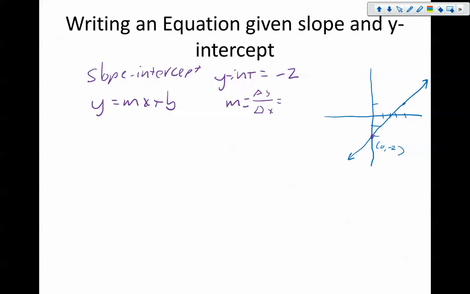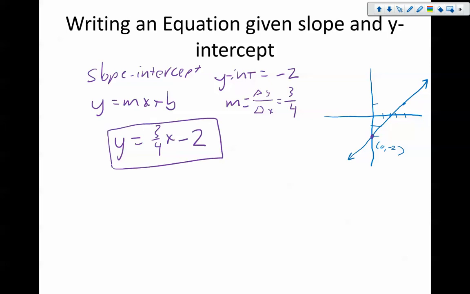So how far up am I going? 1, 2, 3. So that's a 3. And how far to the right am I going? 1, 2, 3, 4. That's 4. Looks like my slope is 3/4, right? I know it's positive because it's going up as it goes to the right. So my equation then, I plug in my slope, 3/4 x, plug in my -2, is y equals 3/4 x minus 2.